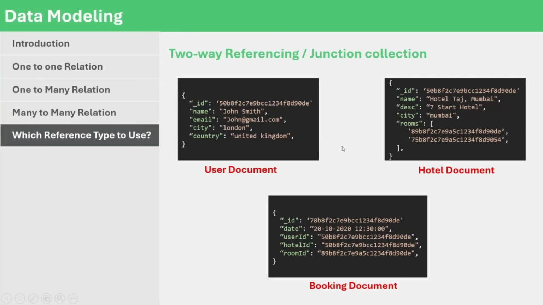So instead of creating two-way referencing, we are creating a junction collection which is going to store a reference to the related entities which have a many-to-many relationship. And this is how we should create a many-to-many relationship. For many-to-many relationship, we use the reference approach and we create a junction collection. And in that junction collection, we create documents which store a reference of related entities.